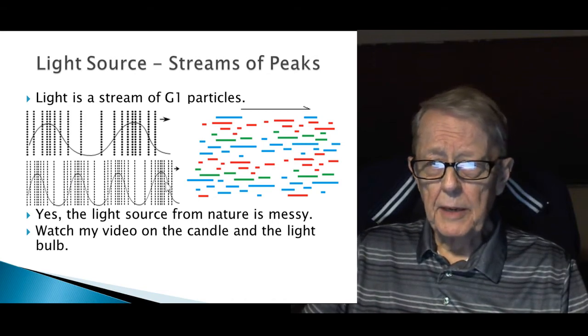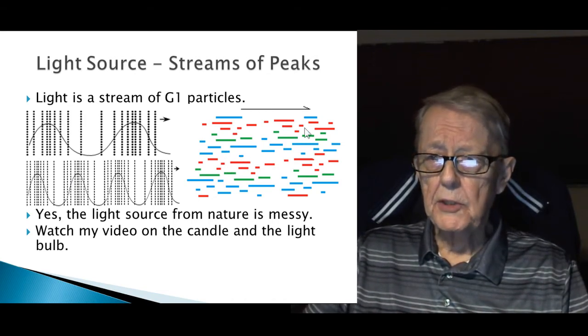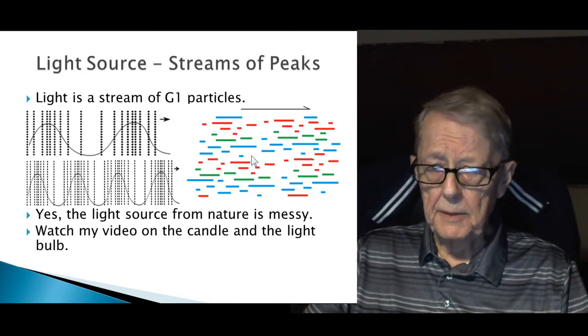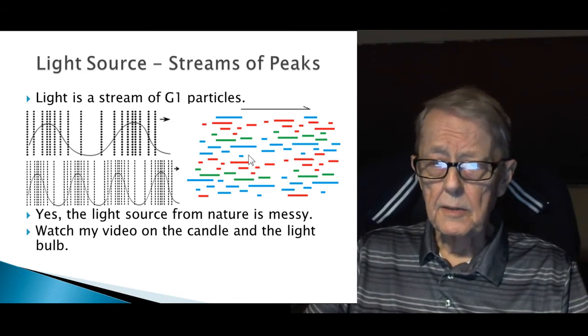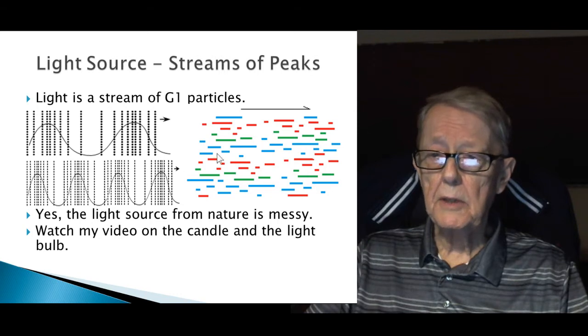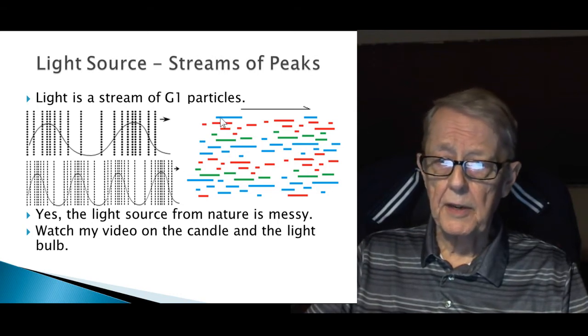But the light source from nature is much more messy. I showed this last time. I don't think that a candle or a light bulb can issue these kinds of streams. They're going to issue something different.